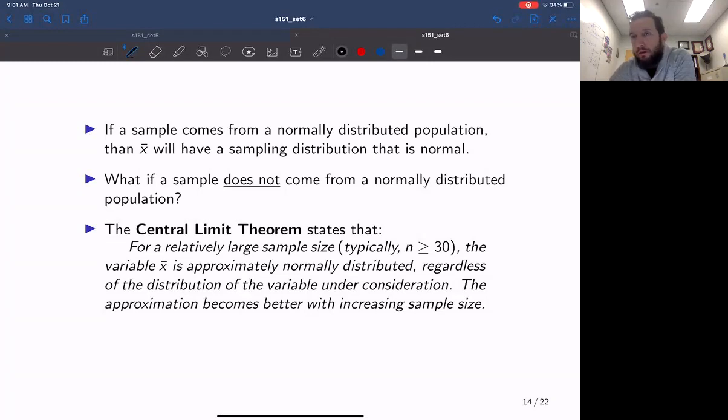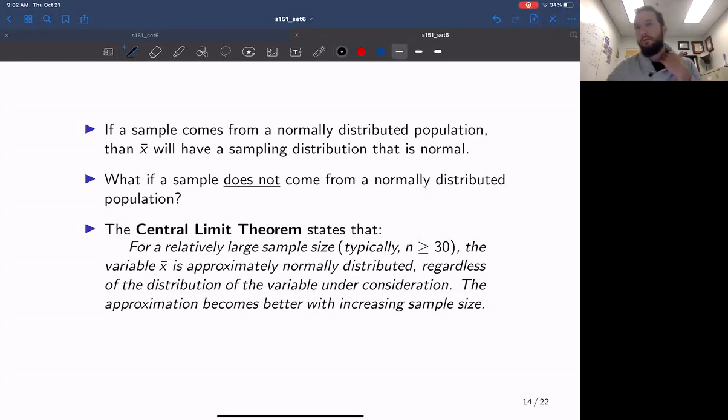The central limit theorem tells us that if you collect a big enough sample size, and in this case, big enough means you have 30 or more observations, then the sampling distribution of X bar will be approximately normal no matter what population you start from.